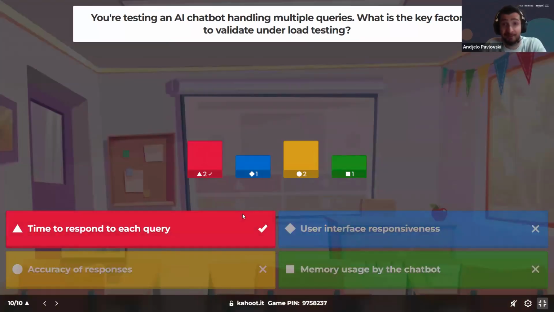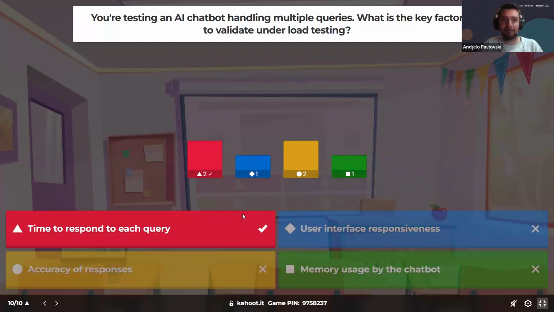Time to respond to each query is correct because we want it to give the answer to everyone. Accuracy of responses is actually a functional test. So to check whether it gives the actual correct responses is something we want to check with our maybe end-to-end test when we write some prompts to it. So this is more of a functional aspect.